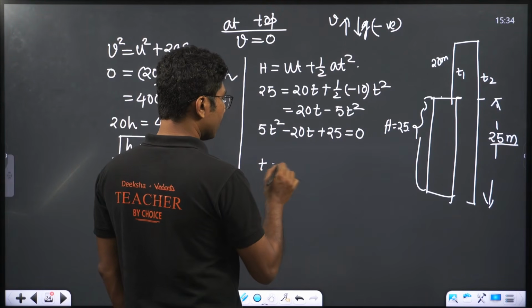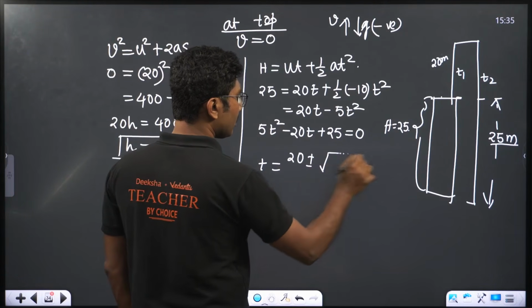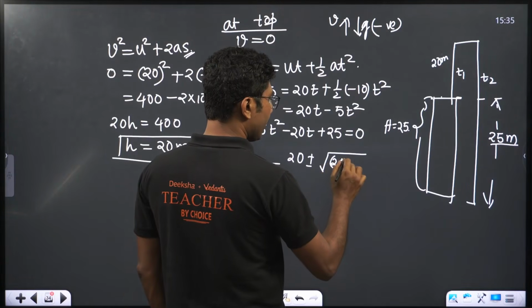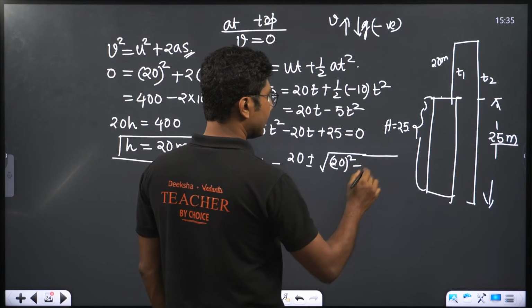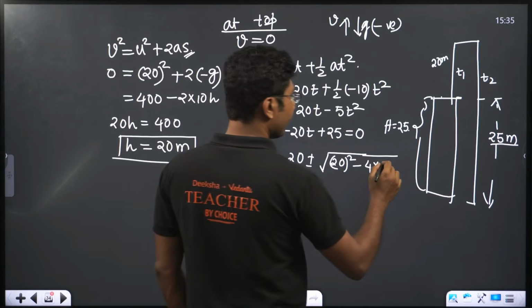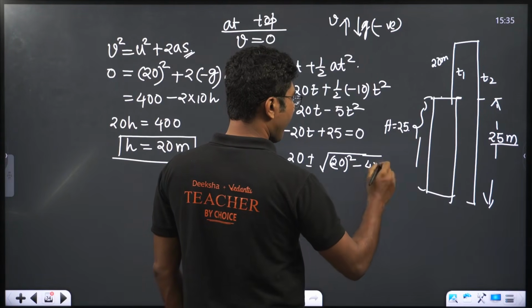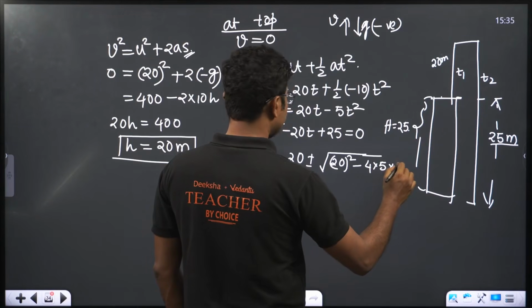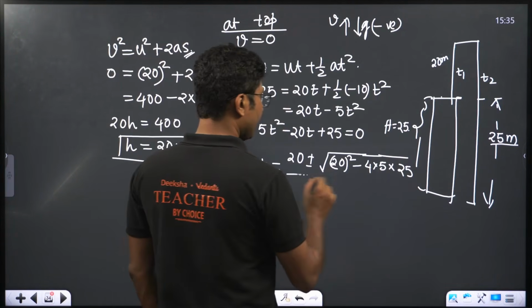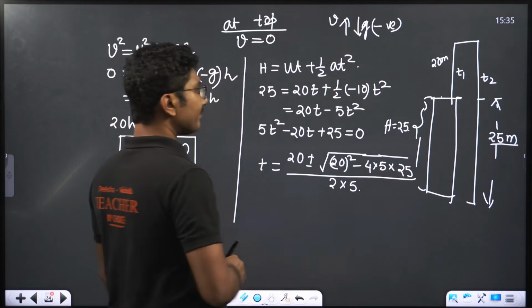So t equals 20 plus or minus square root of b square, means 20 square, minus 4ac, minus 4 into a is 5, c is 25, divided by 2a, 2 into 5.